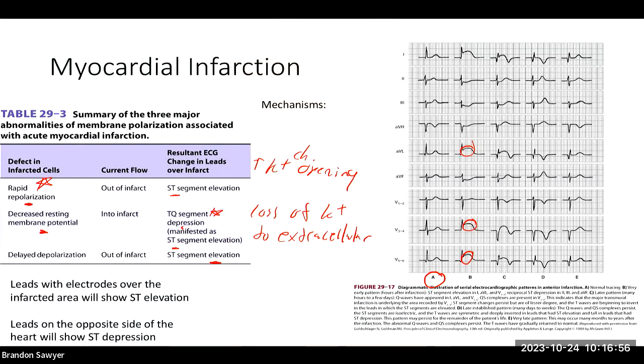Cardiac myocytes dying because they don't get enough oxygen, they break open, right? And when they break open, they dump out everything that's inside of them, okay? And we know the primary ion of the intracellular space is potassium, right? So we get all this extra potassium kind of being dumped out into the extracellular space around the heart cells, okay? And that leads to this hyperpolarized state of the cells that are still there, right? So the cells that are still intact. So we get this decreased resting membrane potential in that area, and that is manifested as segment elevation as well.